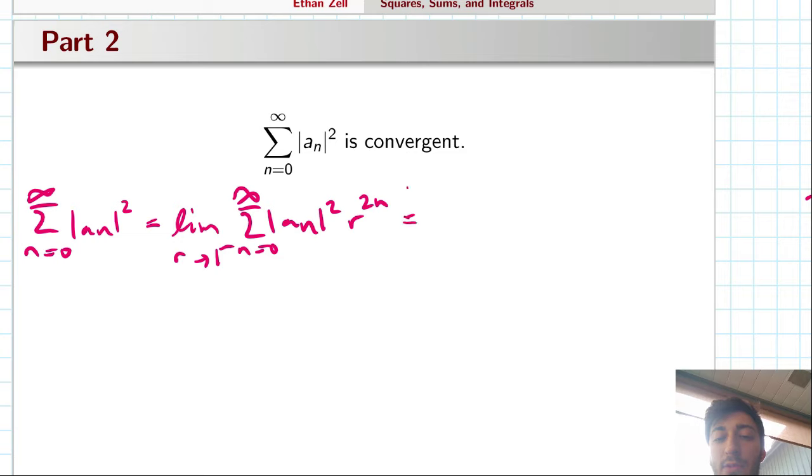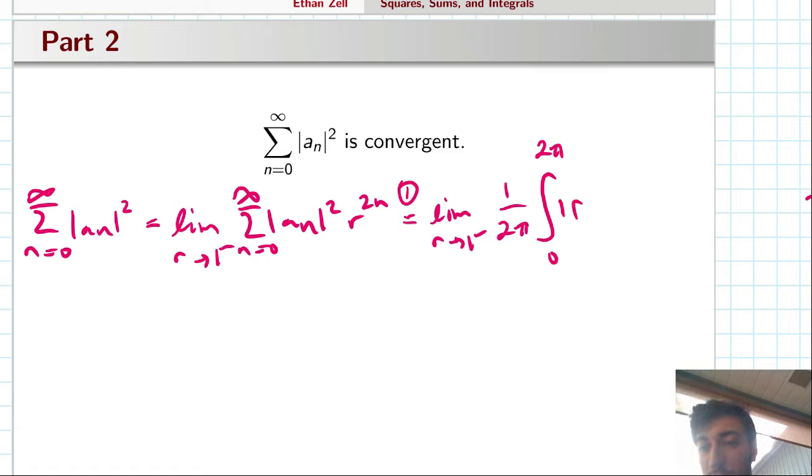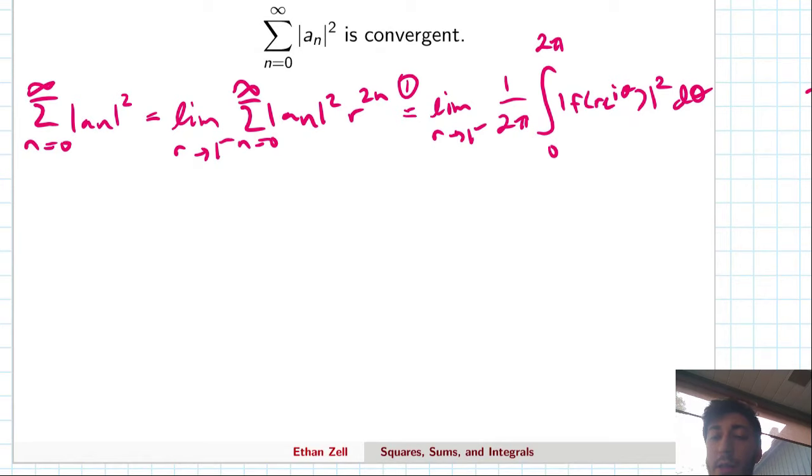So now let's use part 1 of the problem we just did, right? So replacing this awkward sum with a slightly awkward integral, and we get these f(r e to the i theta) back, the square, and d theta. So this is familiar to us from the first part.